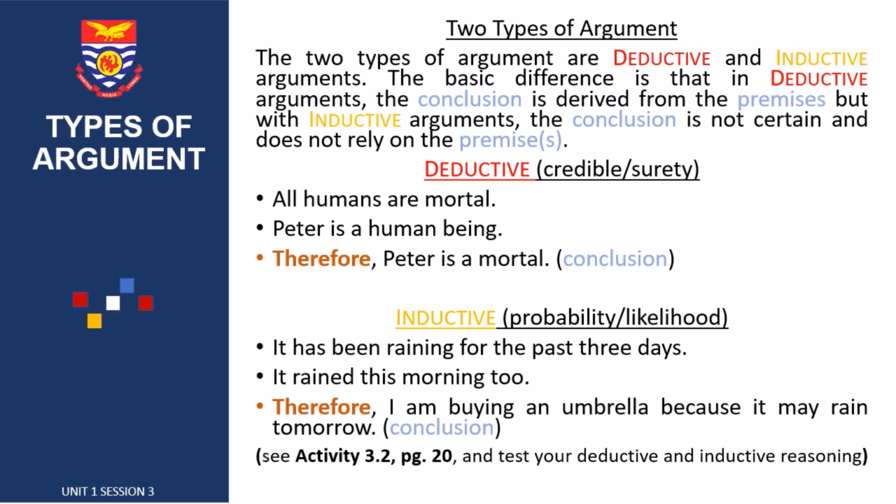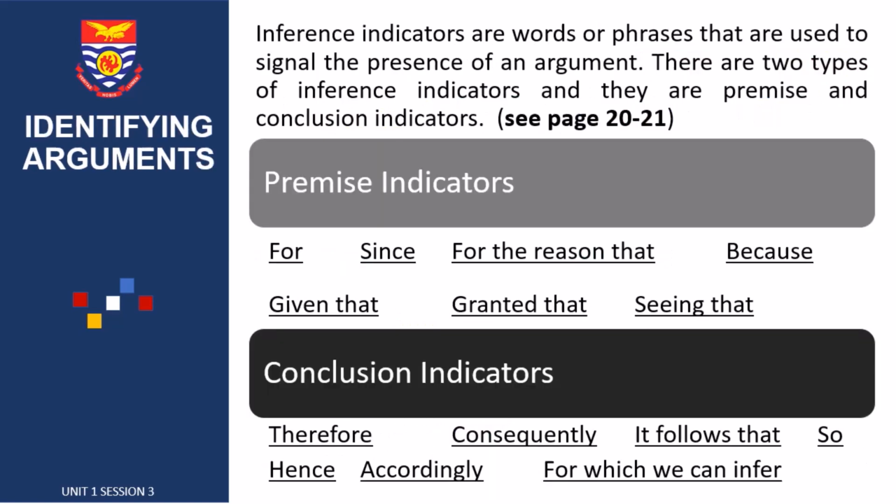So because of that, the person is going ahead to take an action, right? Such a prediction will be based on the premise that there have been rains in the past days, but we are not too sure, so we may be guessing.